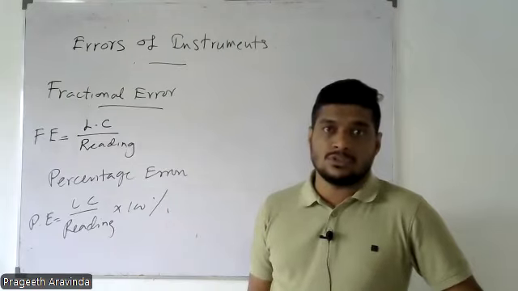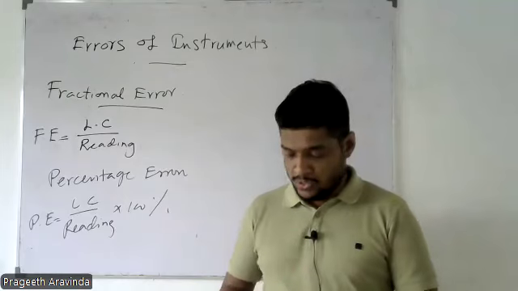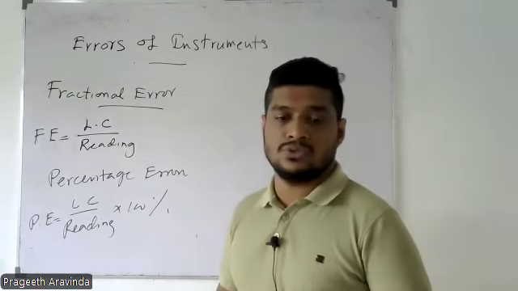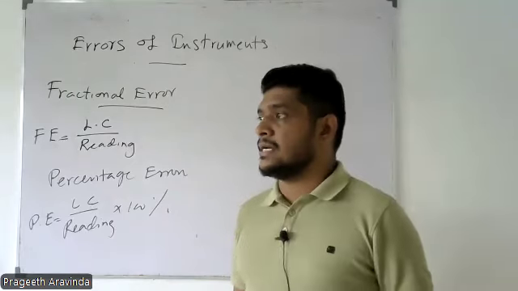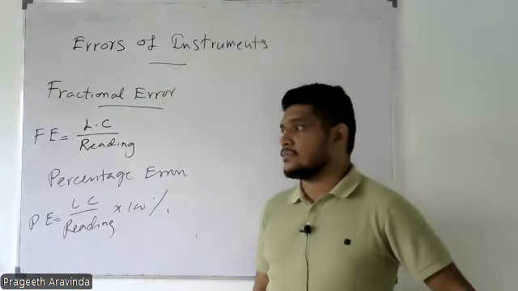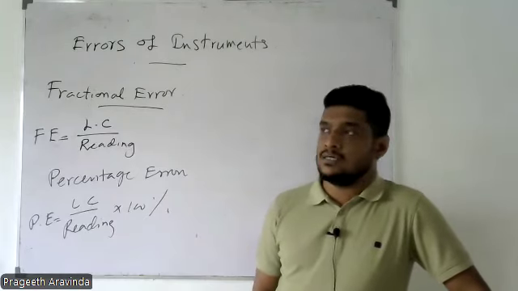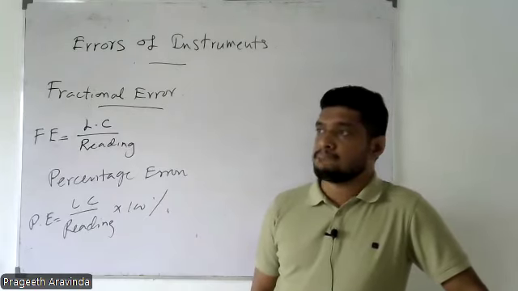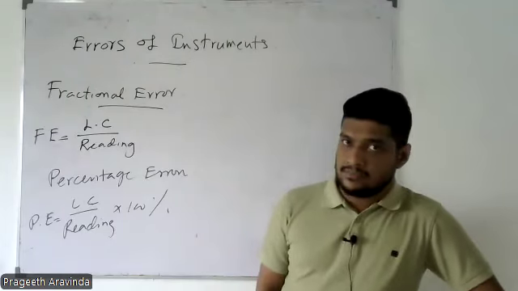Meter ruler. A meter ruler is a very simple measuring instrument where you do not use any special mechanism to minimize the least count. So you know that the least count of the meter ruler is 1 millimeter.